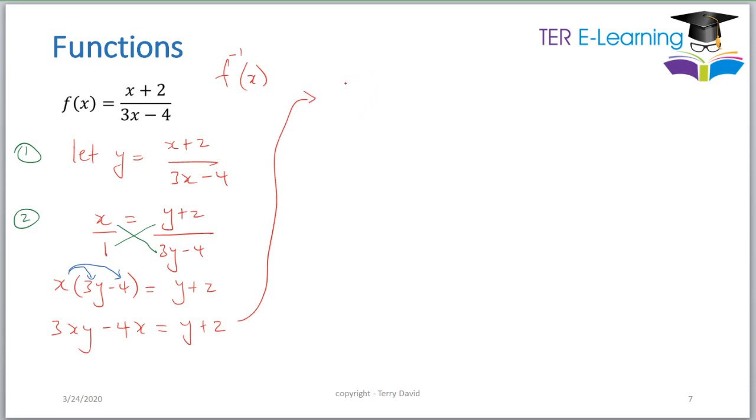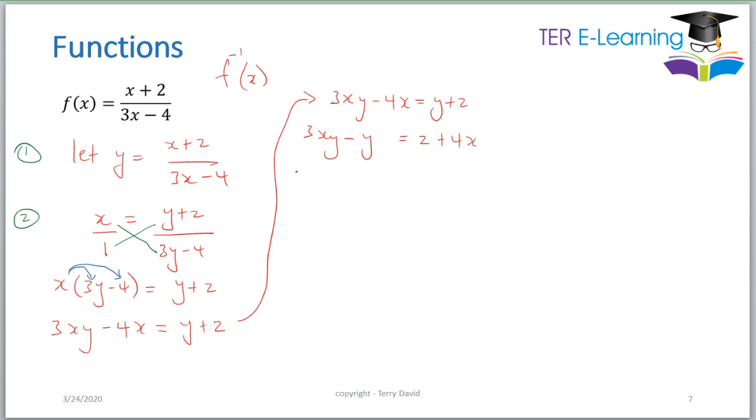So carry all your variables that have y in it on the left hand side. So this will be 3xy minus 4x, right? So when I carry everything across, it'll be 3xy minus y is equal to 2 plus 4x, right?